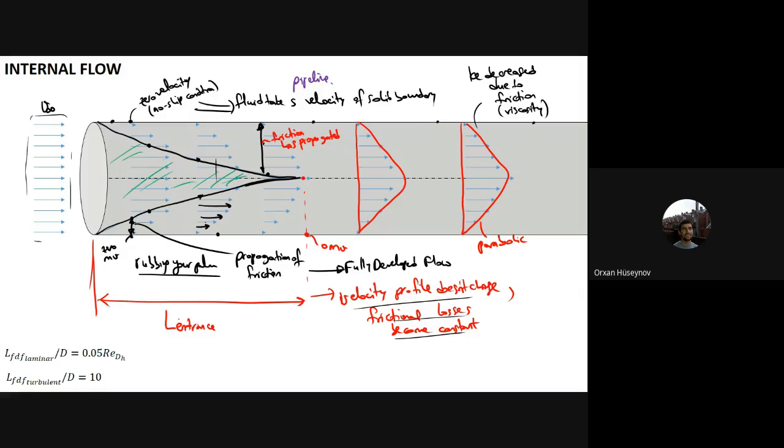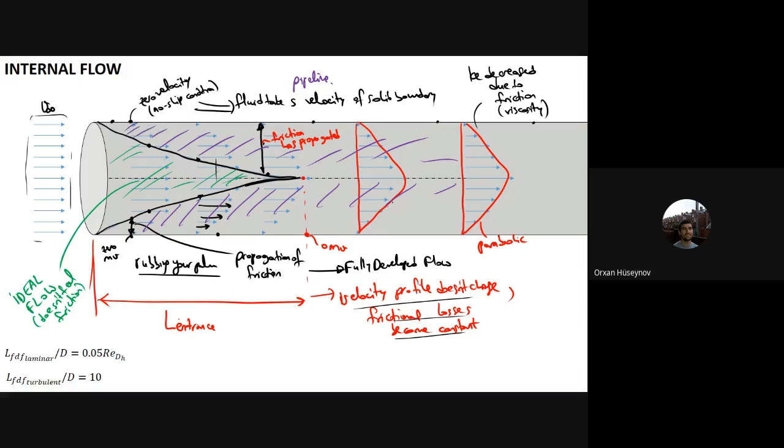And this is what you can call ideal flow, because this part doesn't feel friction. And the region that is outside of that ideal flow, for example, this part and the rest of it, these are all called the boundary layers.